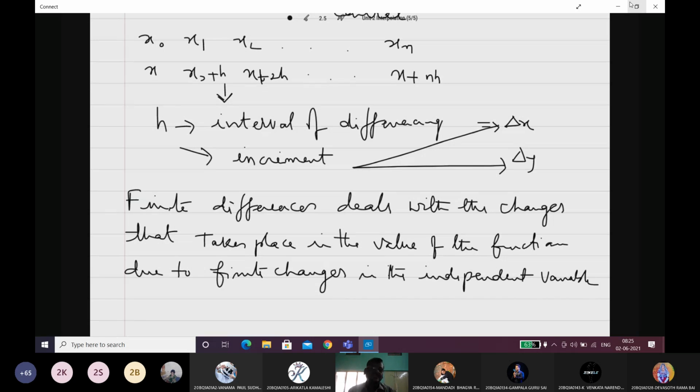Okay, this is the simple information regarding finite differences.